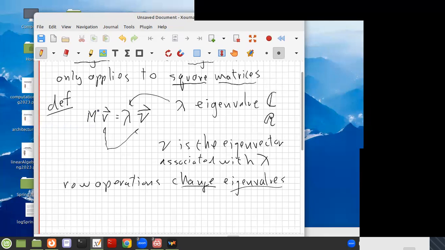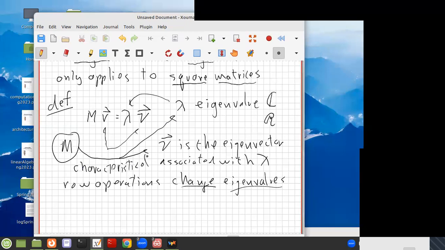Linear systems will appear later in finding eigenvectors and eigenvalues, but in the definition of an eigenvector and eigenvalue, the lambda and the vector V here are associated with the matrix M. That's why they're called characteristic, a characteristic of the matrix M. So we can't do row operations to find lambda and the eigenvector V.